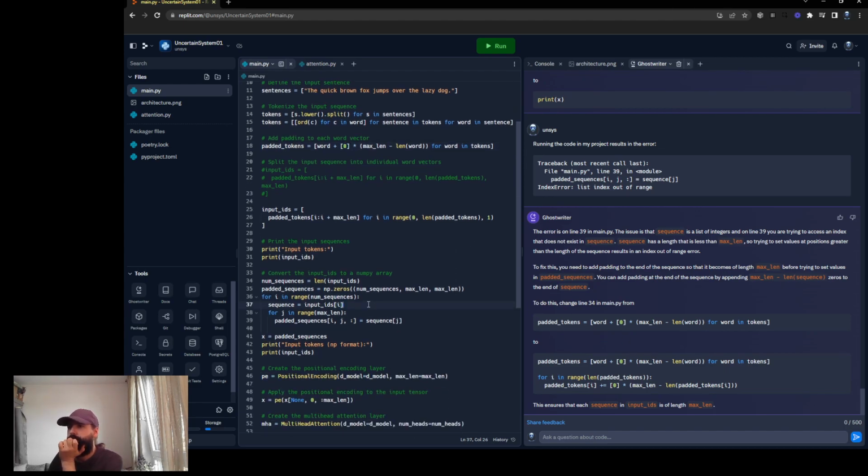Let's give it another go. So let's try to debug this ourselves. I think there's something off here. So number of sequences is the input IDs. Exactly. So padded sequences essentially.